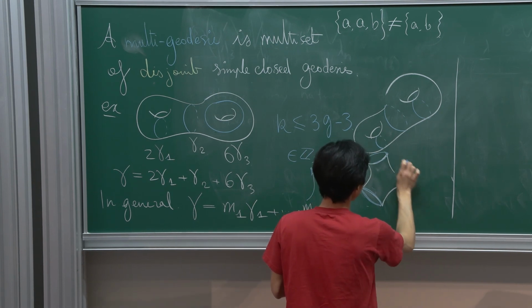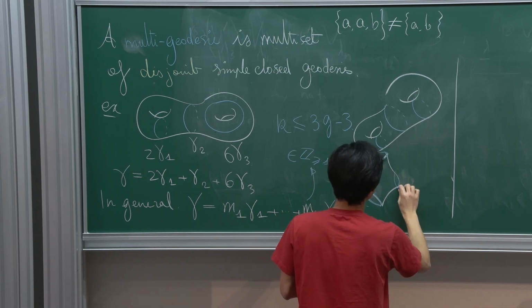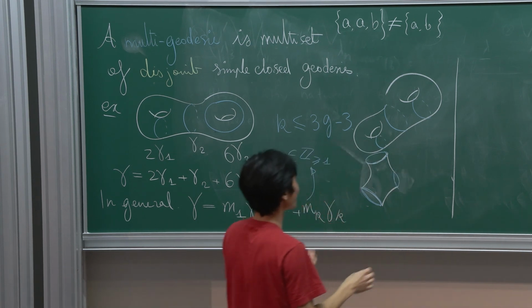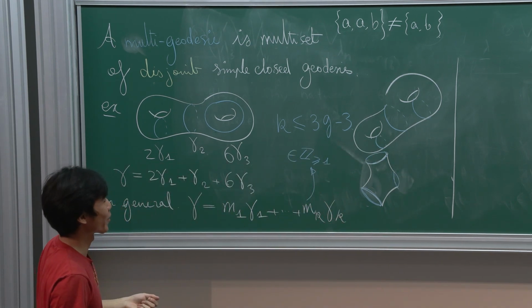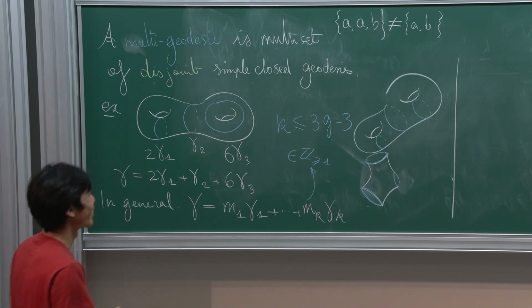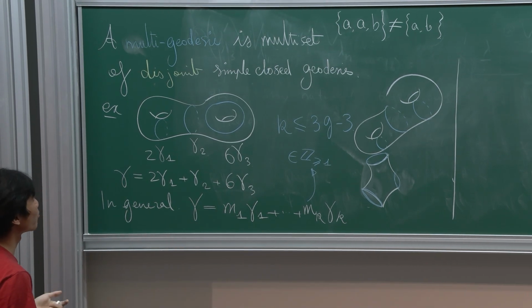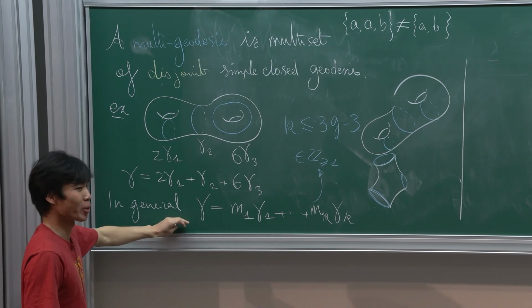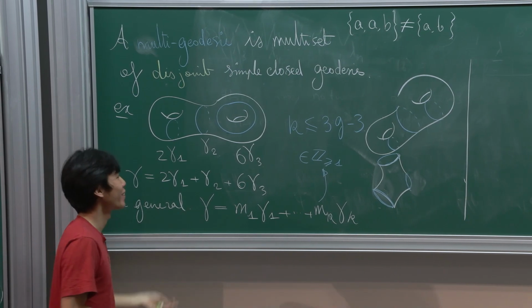Not a very good drawing, but I think you know the idea. But you cannot have more, so this is the maximal case for a multi-geodesic.